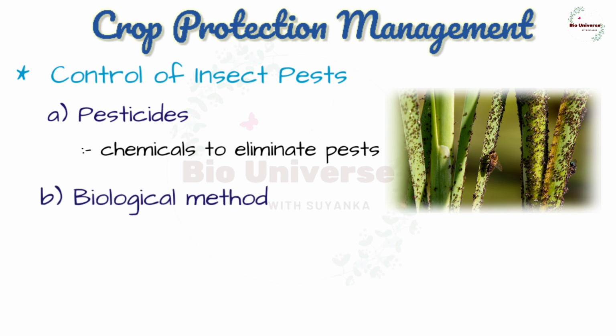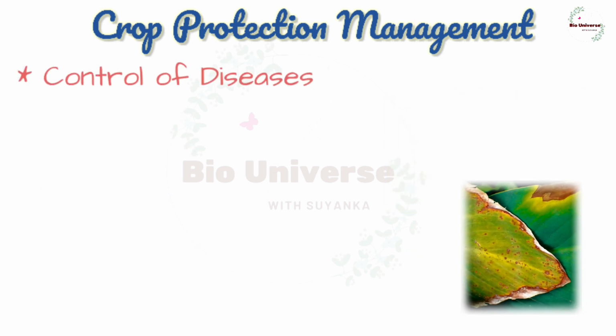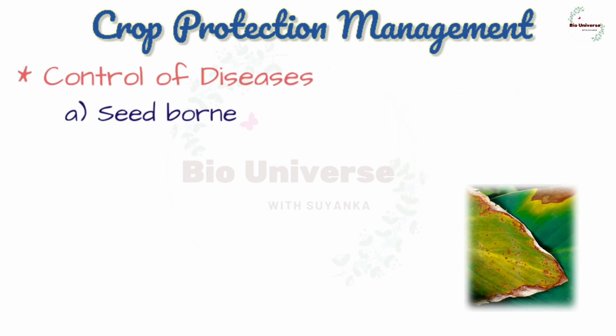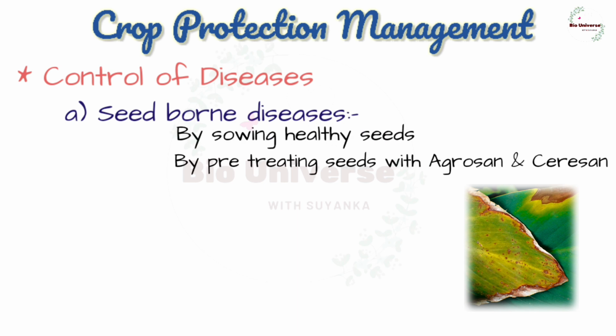Biological method of pest control: some birds, insects, or other organisms are deliberately put in the affected crop fields to kill the pests selectively. The methods of controlling diseases are: seed-borne diseases can be prevented by sowing healthy seeds and pre-treating seeds with chemicals like agrocin or kerosene to kill pathogens.